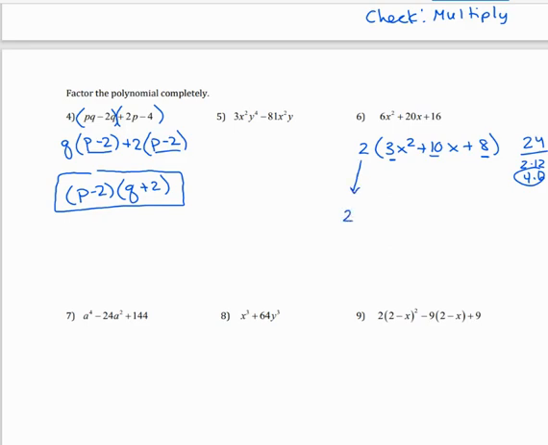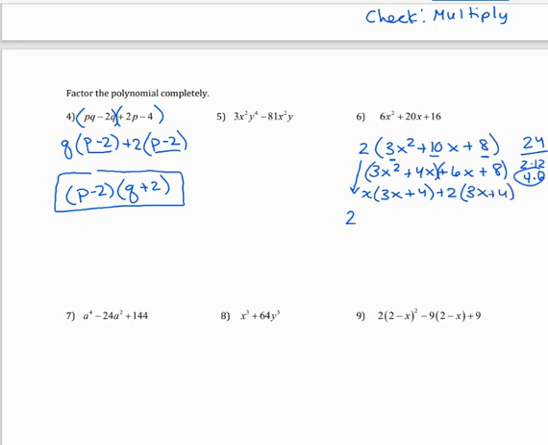But now I'm going to rewrite this. I'm going to leave that first term of 3x squared, and I'm going to break the 10x into a 4x and a 6x, and then we have our last term. Now I have 4 terms, which I can factor by grouping just like we did in the previous problem. So once I group, we take out the GCF. The first grouping has an x in common. We're left with 3x plus 4. The second grouping has a positive 2 in common, and we're left with 3x plus 4.